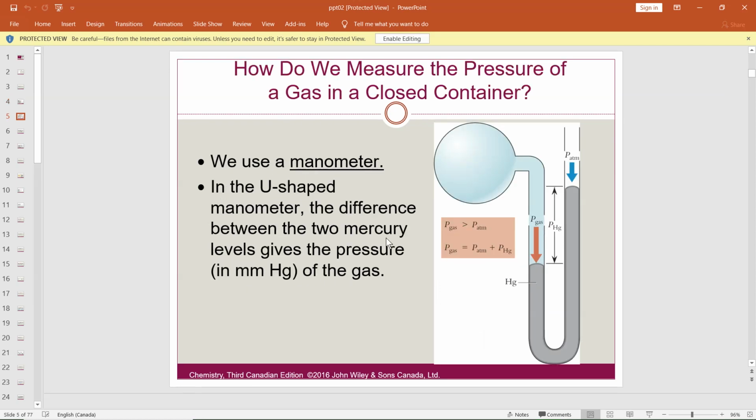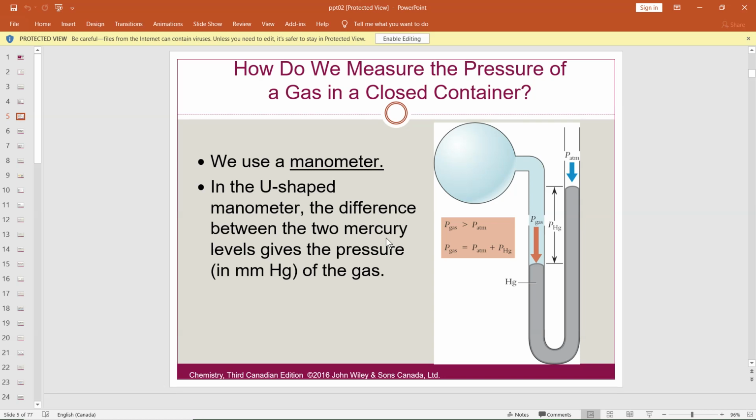We also have manometers. Again, this should remind you of grade 11, so you can have a gas in a bulb, and if the pressure of the gas in the bulb is greater than atmospheric pressure, then, there's two arms in this U-tube, the level in the arm hooked up to the bulb will be lower than the other end.